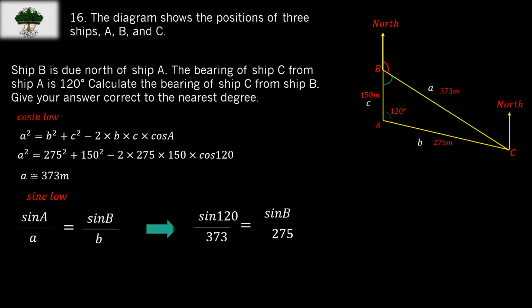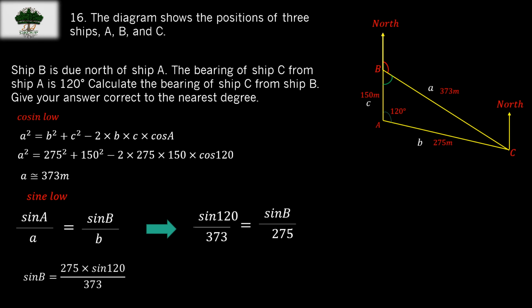So we will use just these two fractions. We have sine 120 divided by the length of side A, which we found, 373, equals sine B, which we don't know, divided by the length of side B, which is AC, which is 275. Do cross multiplication and solve it for sine B, you will have this fraction.